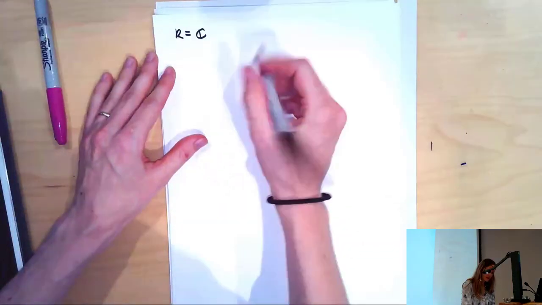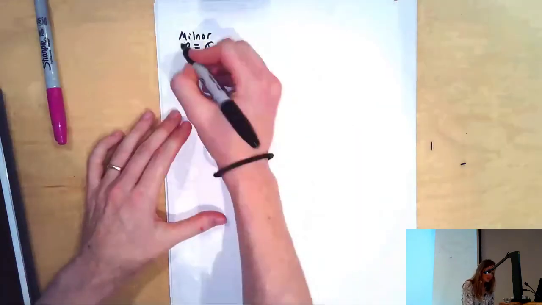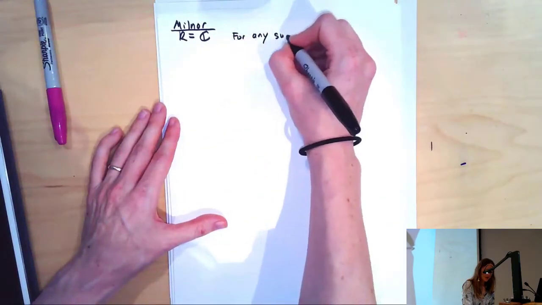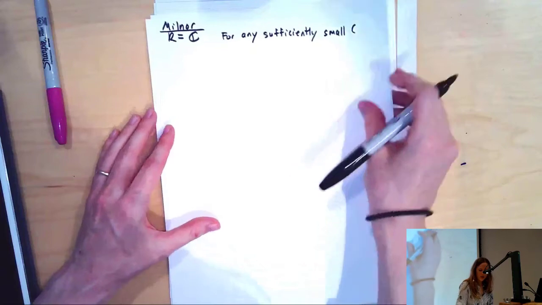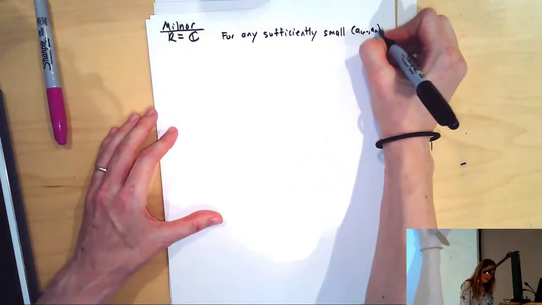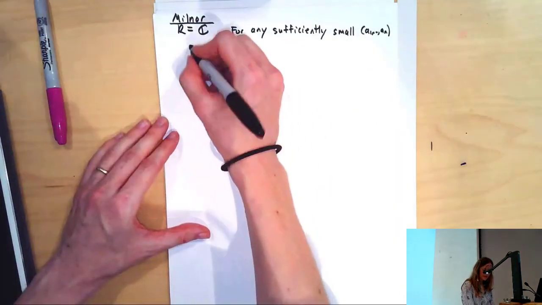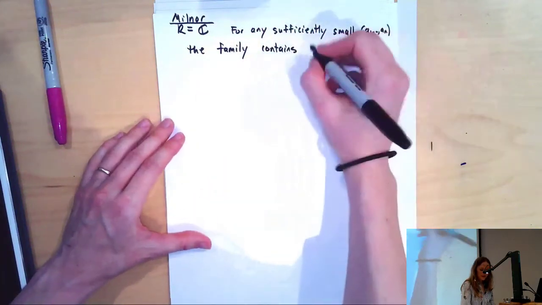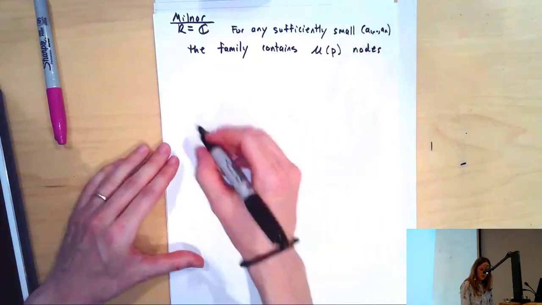So let's say k equals C. It's a result of Milnor: for any sufficiently small a1 through an, this family contains a fixed number, mu of p, of nodes, where mu of p is the Milnor number.